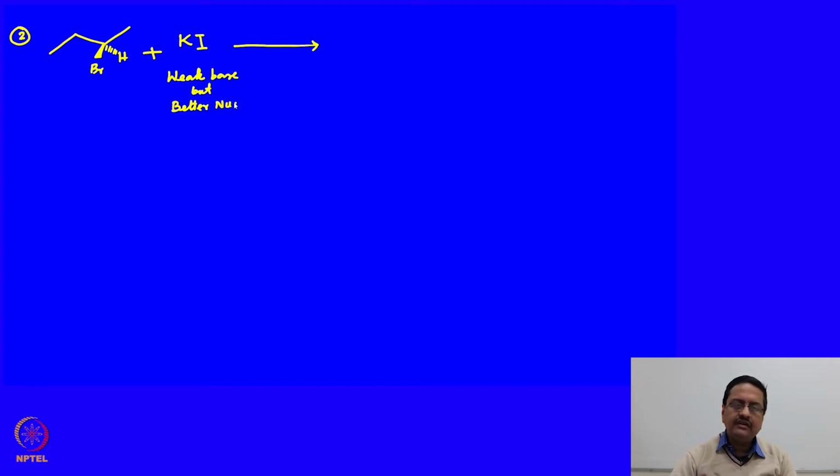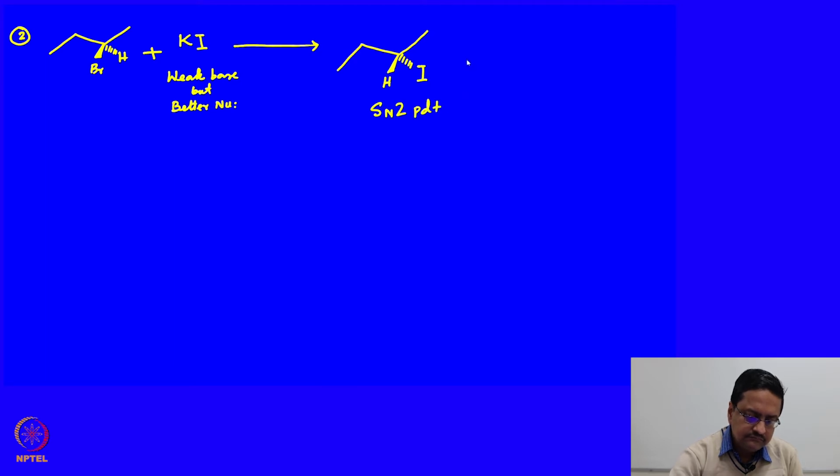So, in this case, it will go through the SN2 mechanism and result in a substituted product with inversion of configuration. There will be only one product, the corresponding SN2 product with inversion of configuration.